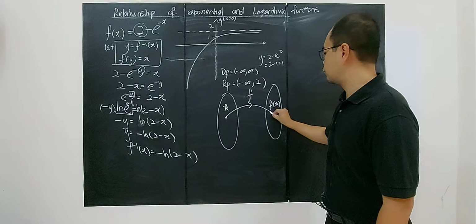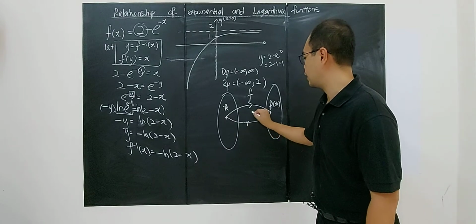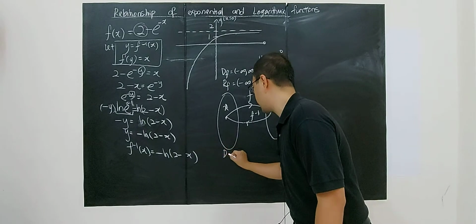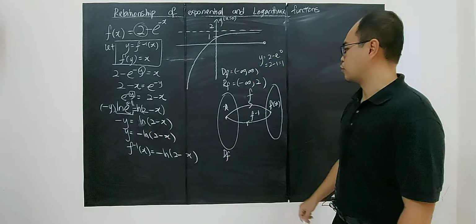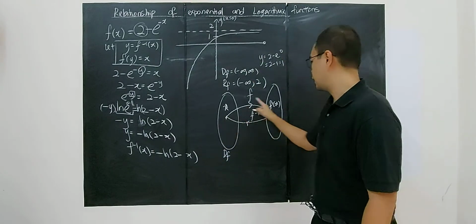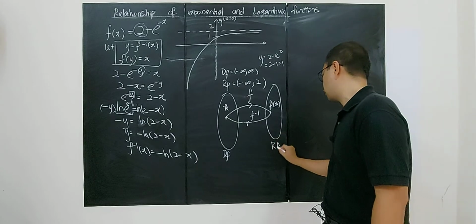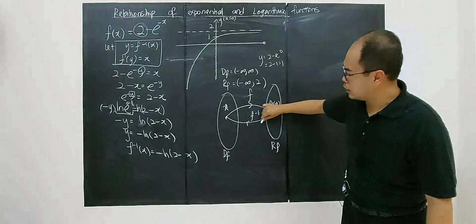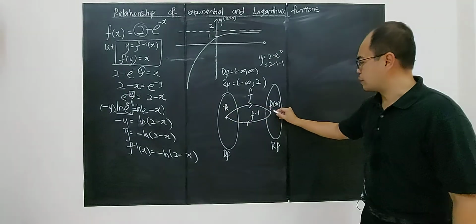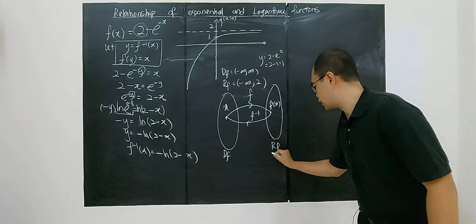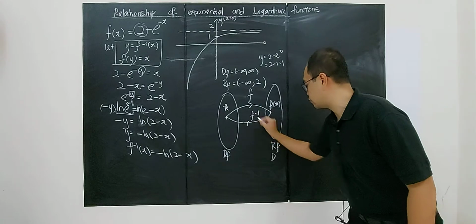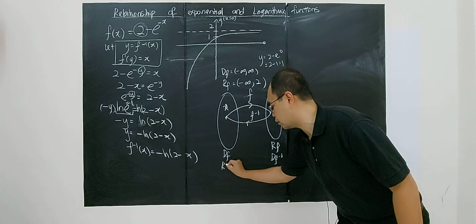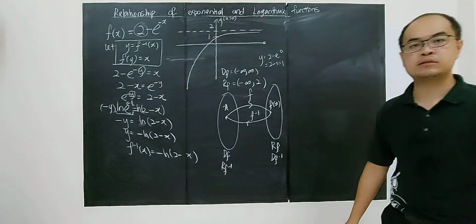Initially this one is the domain of f, because it is the object, and this is your image, which becomes the range of f. When you reverse back, this one becomes the object, so it becomes the domain for the mapping of f inverse, and this one will be your range for f inverse.